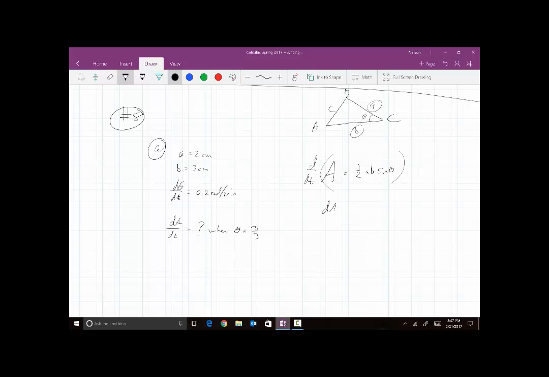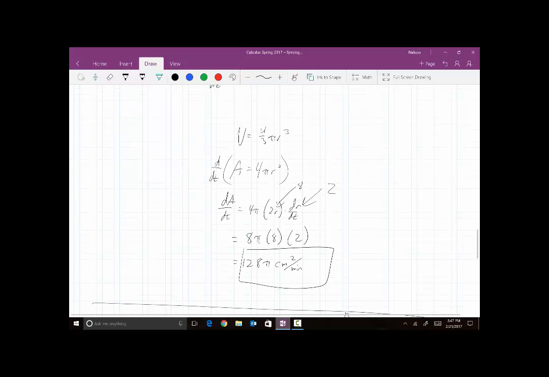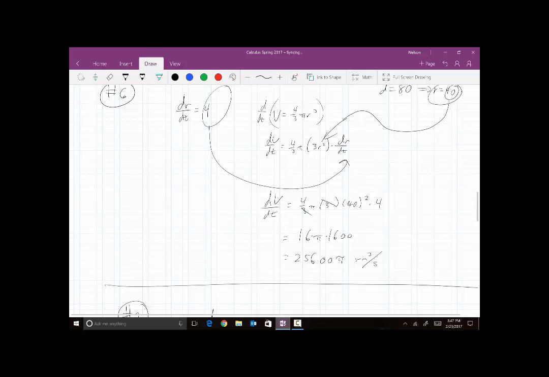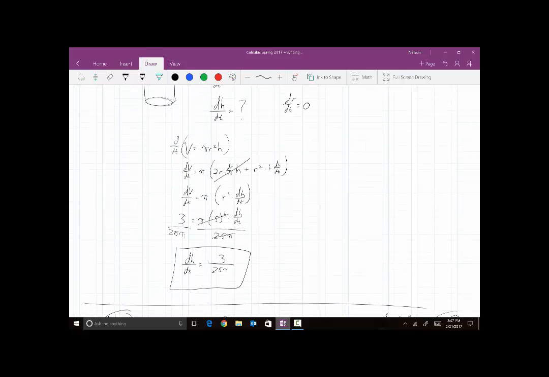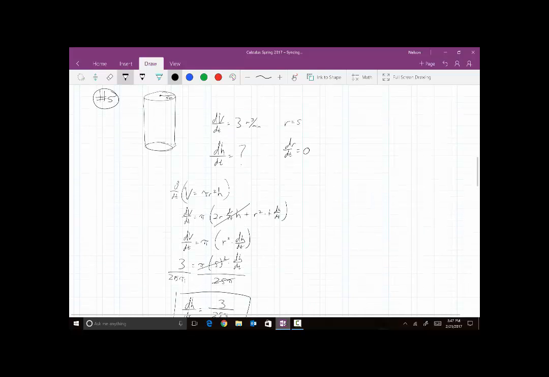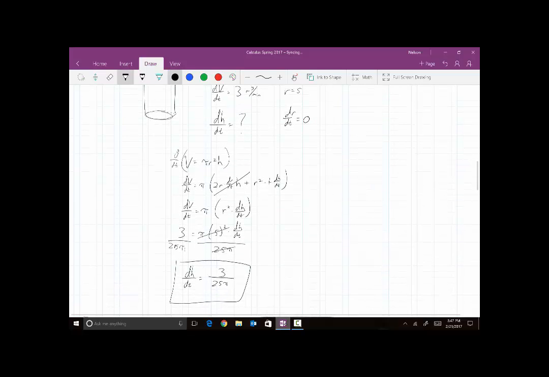So we're going to get dA/dt is equal to 1/2 times. Okay, here's the deal. It's kind of like what we were talking about in that last example, or maybe 3 examples ago, where this was going to have to be 0 because the radius was a constant. So you really didn't need to do a product rule here. You could have just thrown a number in there.